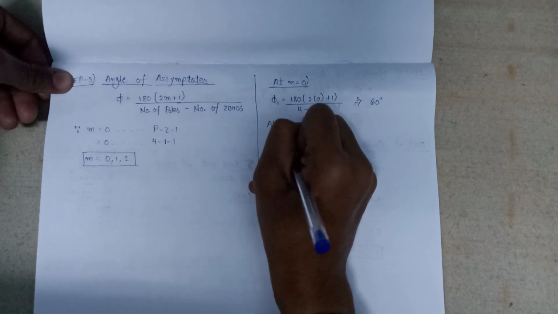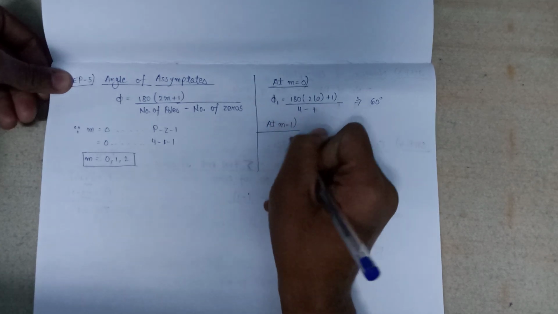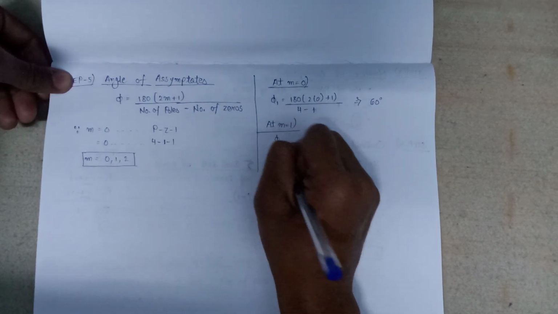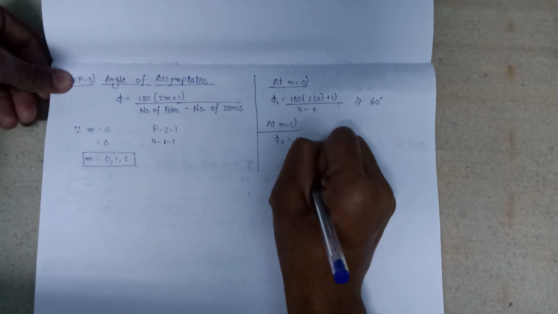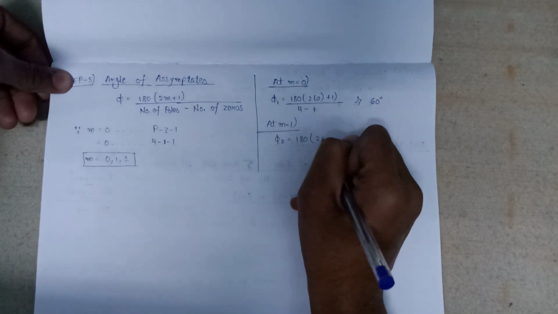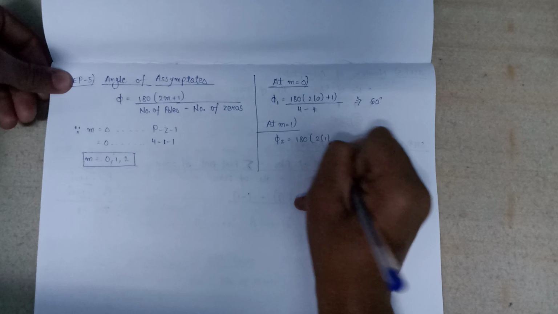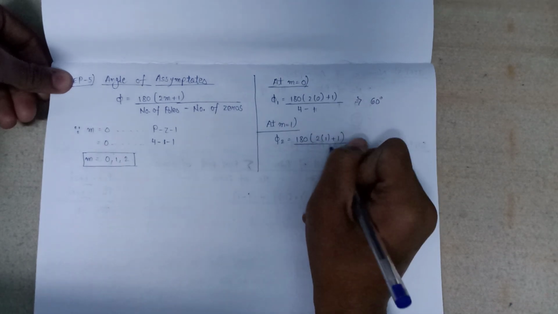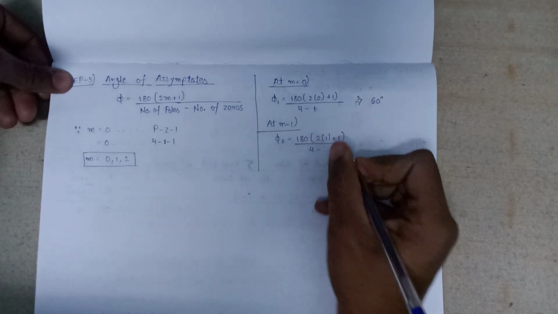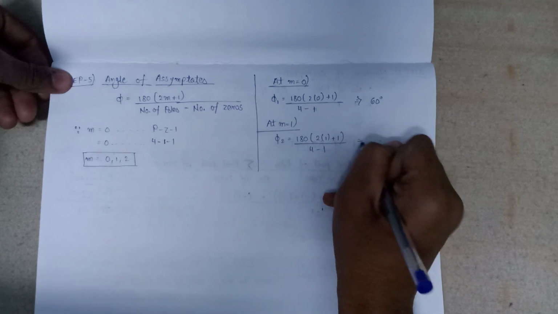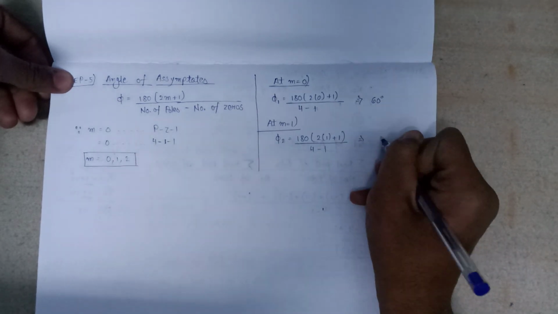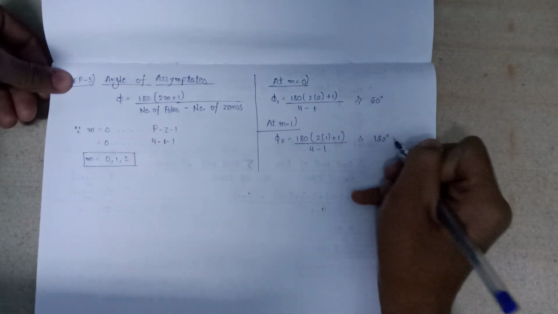At m equals 1, we get phi2 equals 180 into (2 times m, where the m value is 1, plus 1) divided by the number of poles 4 minus the number of zeros, that is 1. So on solving, we get 180 degrees.